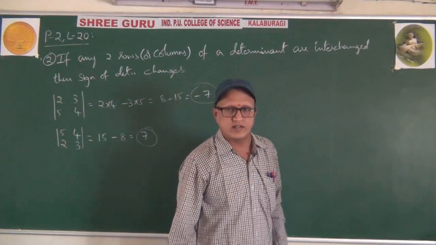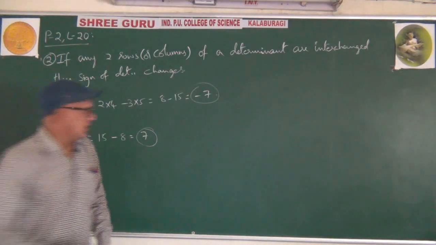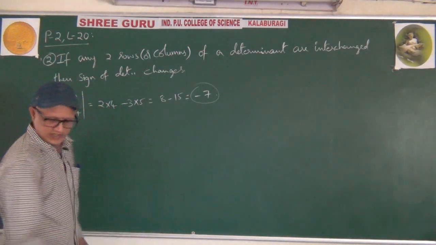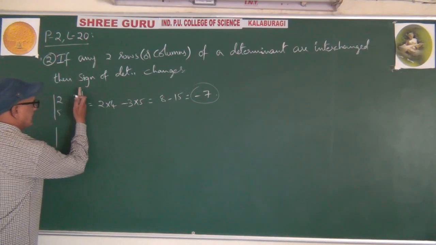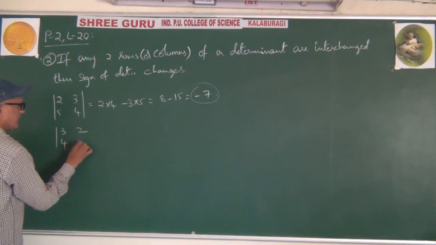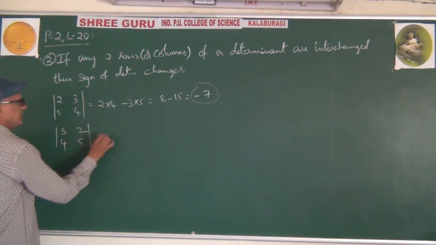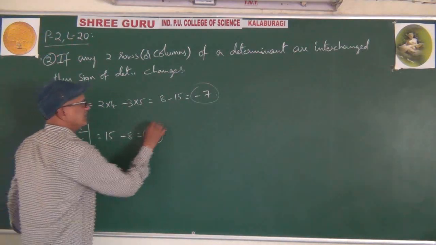The sign will be different. Okay. Let us change 2 columns. Let us see like this also. The second column becomes the first column, and the first column becomes the second column. Now 3 fives are 15 minus 4 twos are 8, 7.